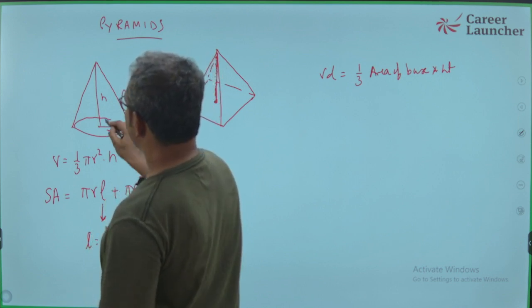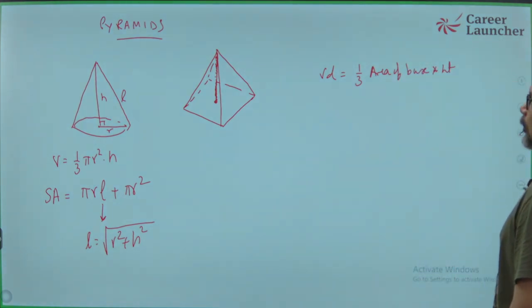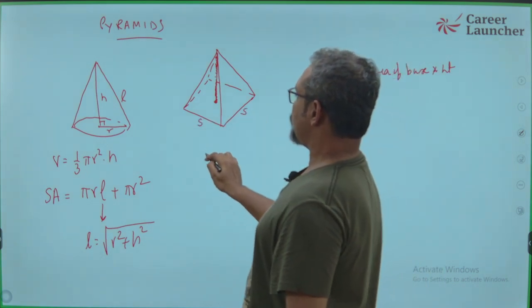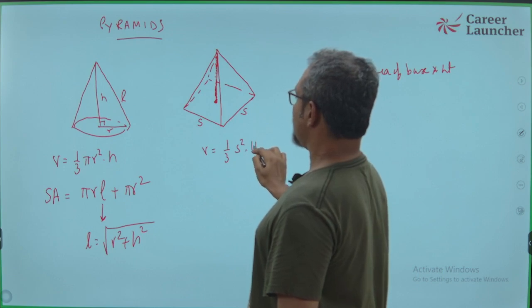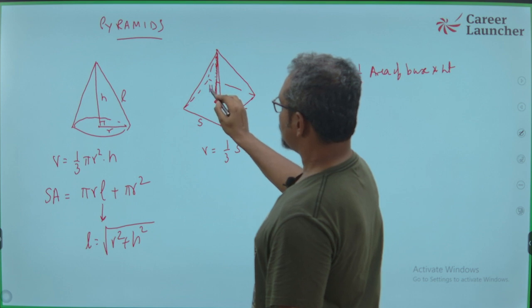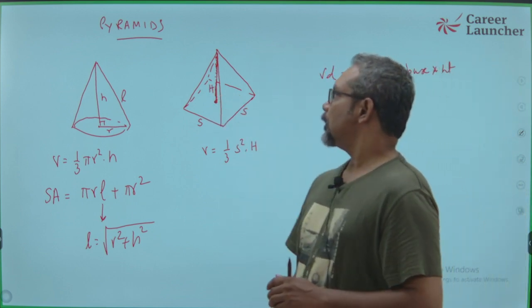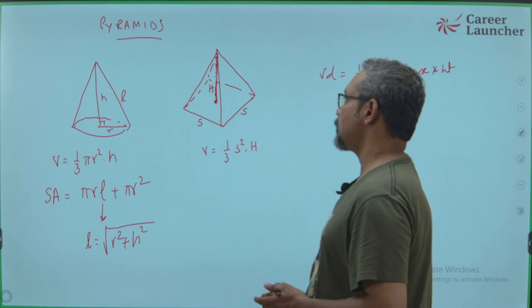This is L, this is 90 degrees. For the square pyramid, this is S and S, so the volume will be 1/3 S squared times h, where this is h. The height falls on the center of the square.